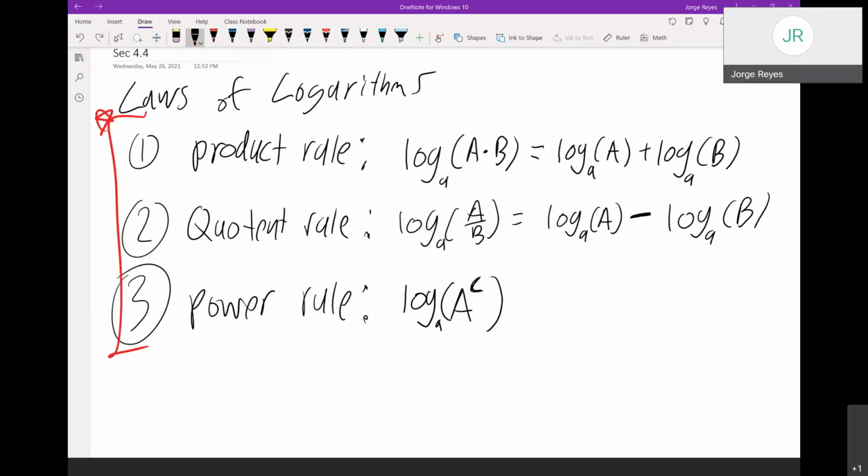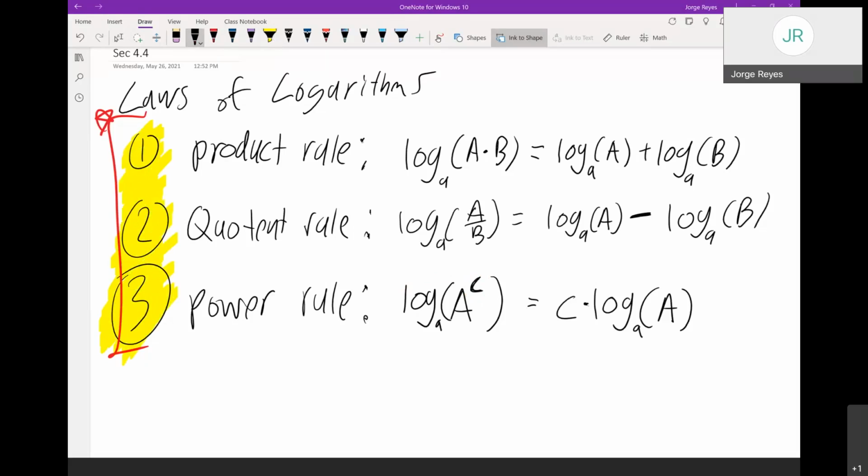So what this looks like is this is equal to C log base A of A, where now this is just multiplied like normal. It is these 3 rules that this entire section is about. So this whole section is just, can you do these 3 formulas and can you use them well?